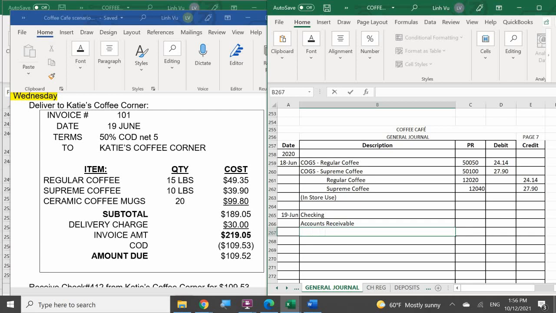Okay. And then we have to recognize sales. Sales from regular coffee and supreme coffee. Okay, and the ceramic too, the mugs.